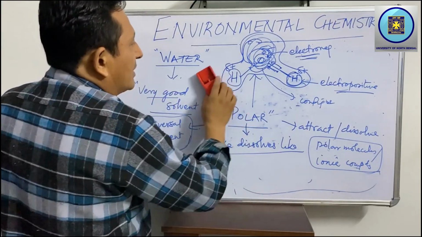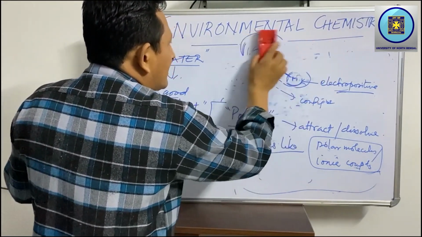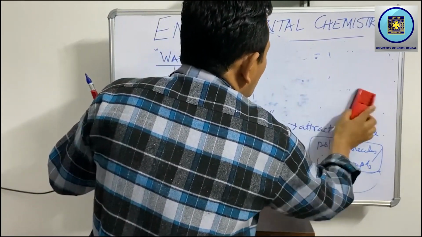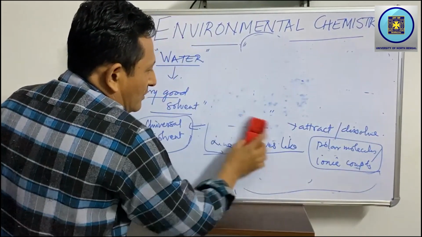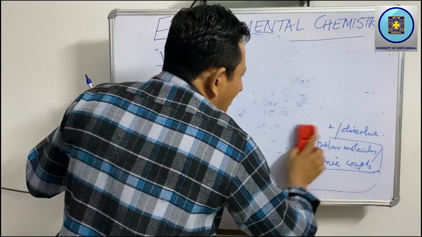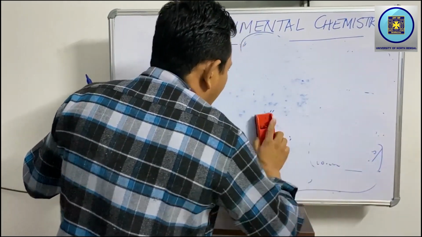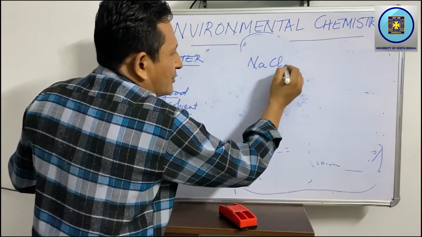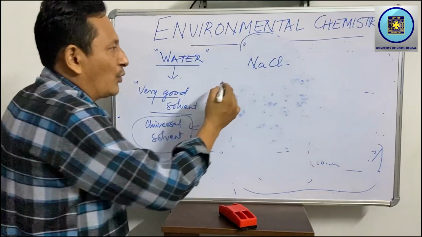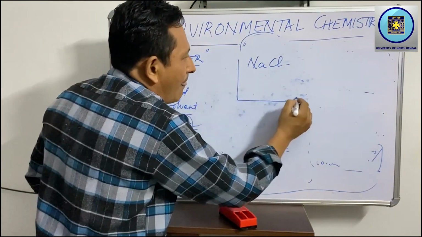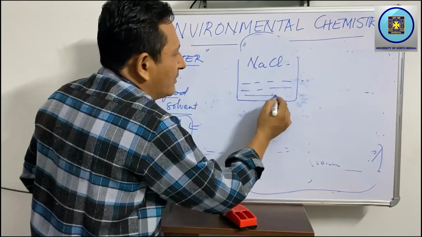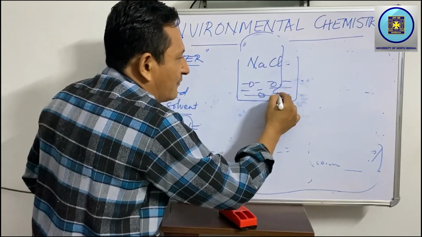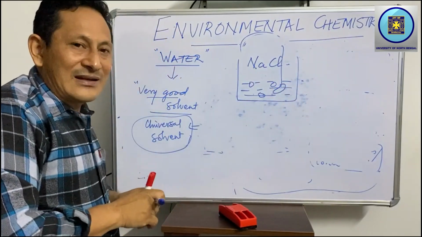But the other thing that you need to understand is, being polar, how is it able to dissolve these molecules? We'll take a simple example again of the compound that we just discussed, sodium chloride or table salt. When you put sodium chloride in water, we find that after a little help with stirring, it gets dissolved.